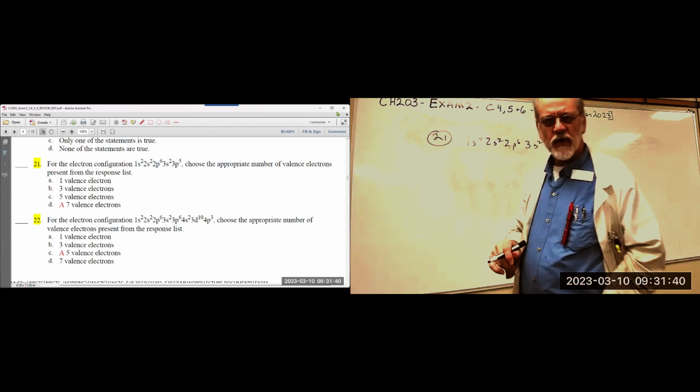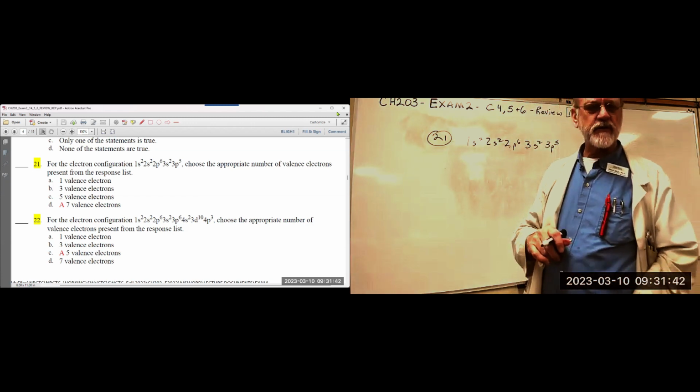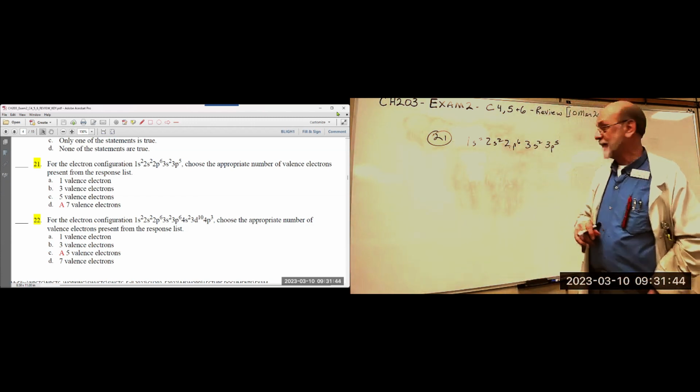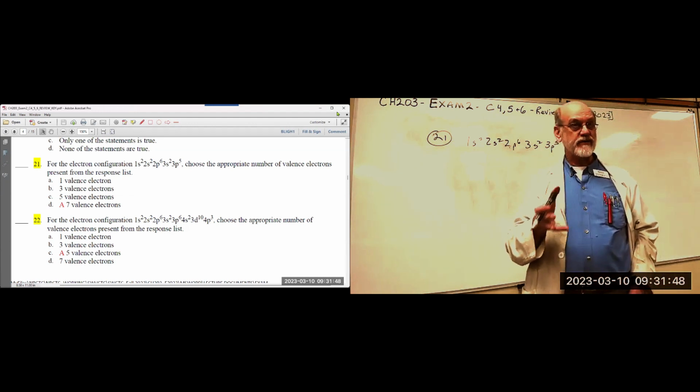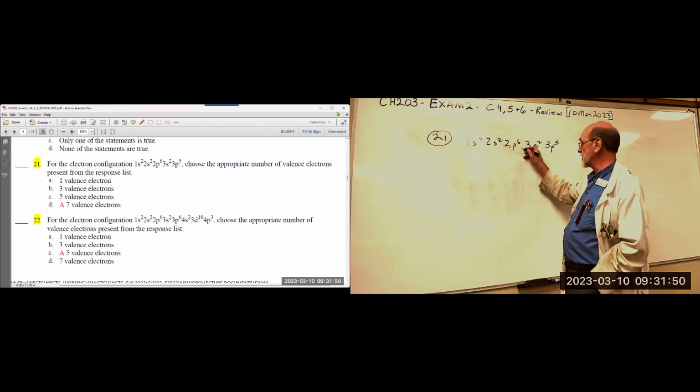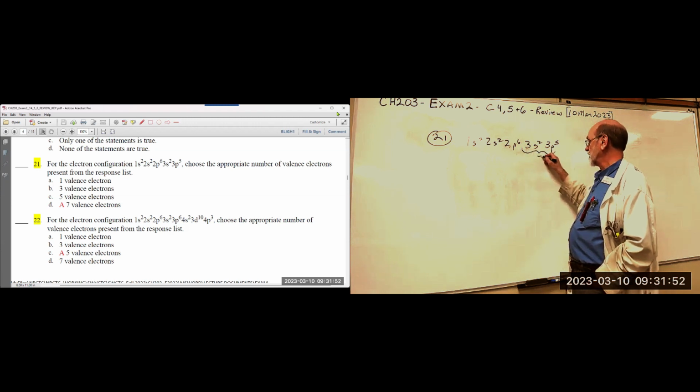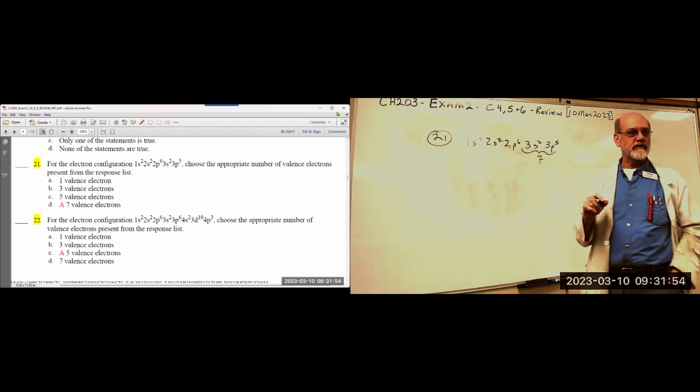Okay. Choose the appropriate number of valence electrons present from the response list. All right. By definition, the valence electrons are those in the highest energy level. So that's this one right here. 7 valence electrons.